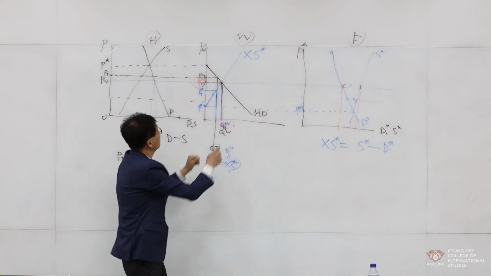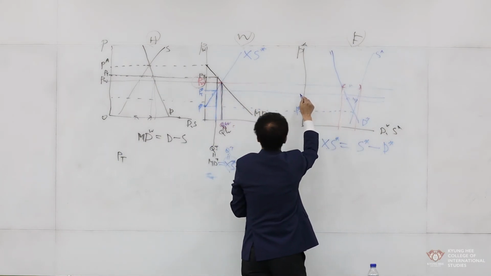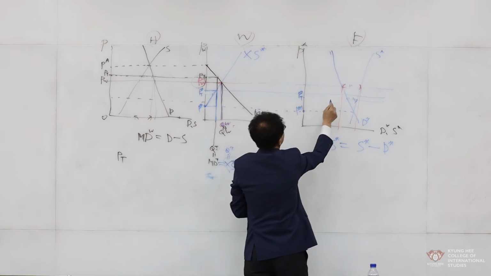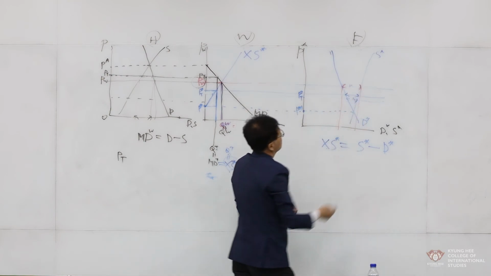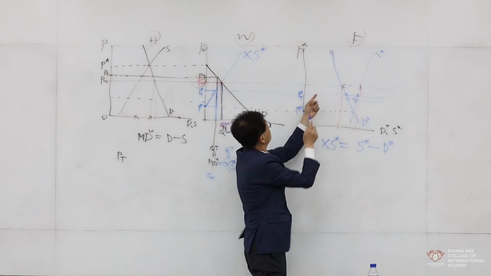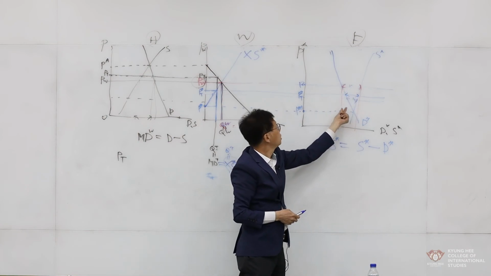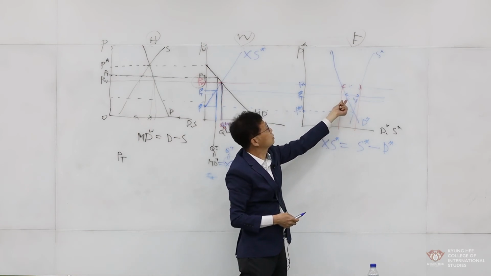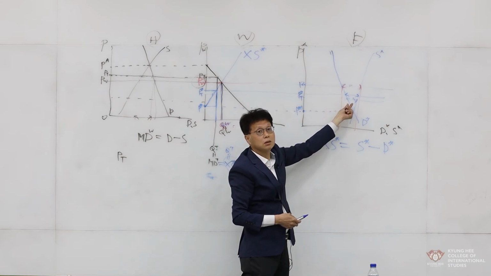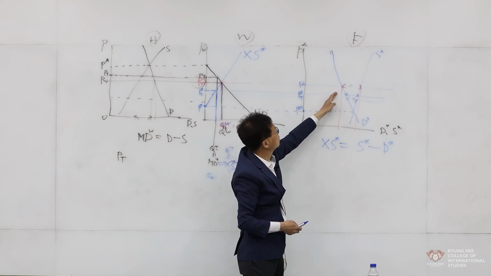Can you understand? So, in other words, at this price, that is PT star, foreign's export supply decreases compared to QW, isn't it? Right? Price decrease. Then what happened in foreign?